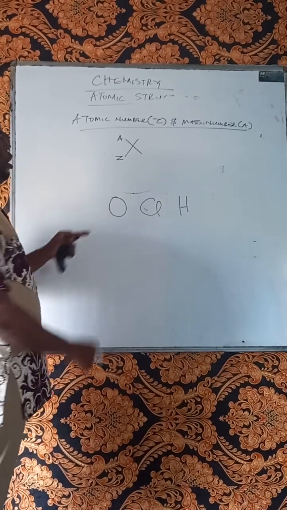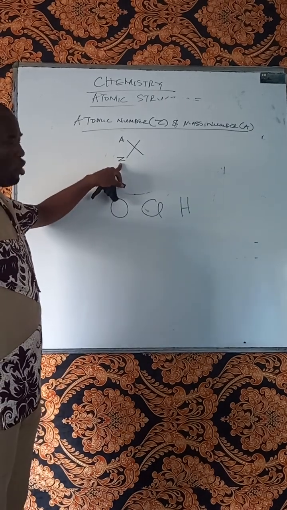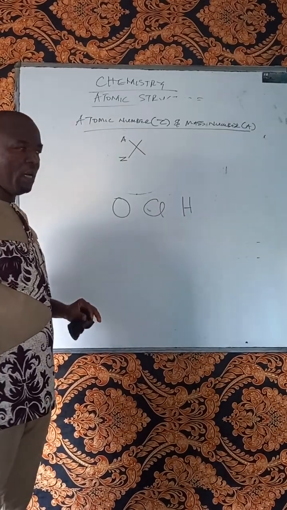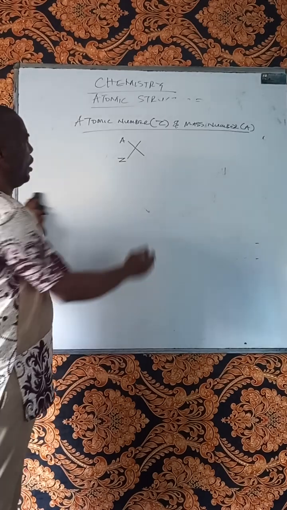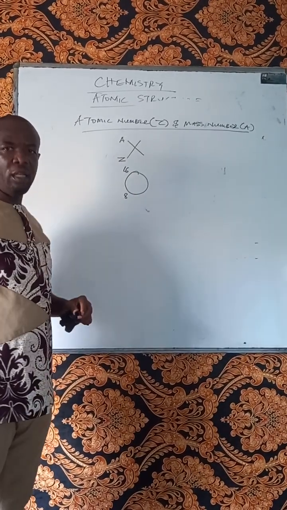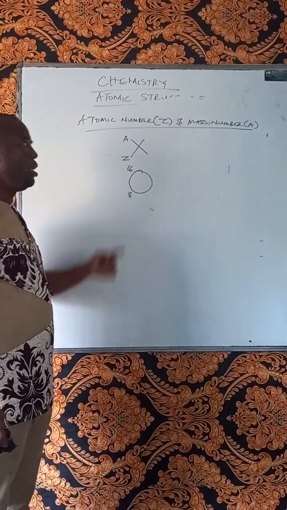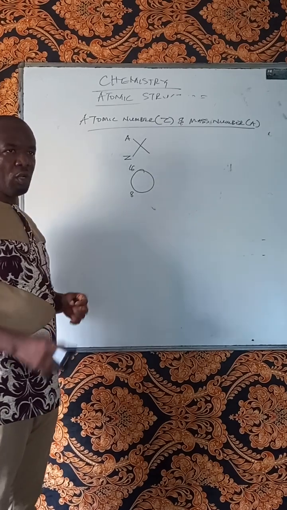So this one up is the mass number. This one down, the subscript, is called the atomic number. For instance, I have oxygen written as 16, 8. Here in oxygen, A corresponds to 16, the mass number, and Z corresponds to 8, the atomic number.